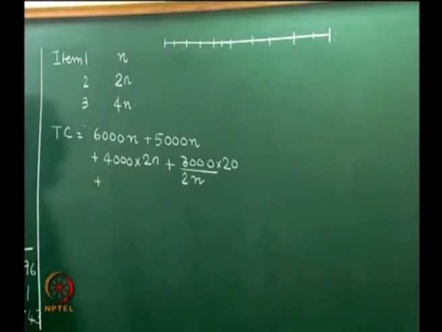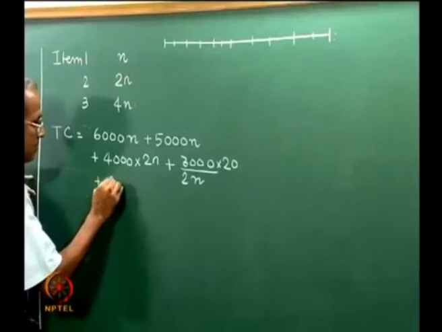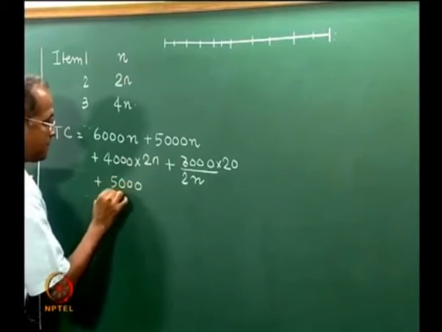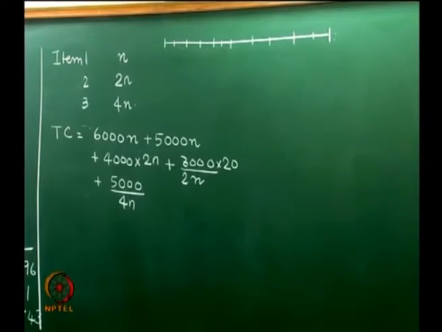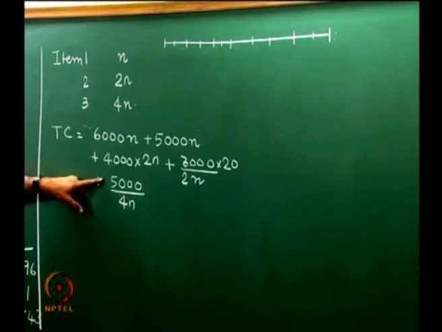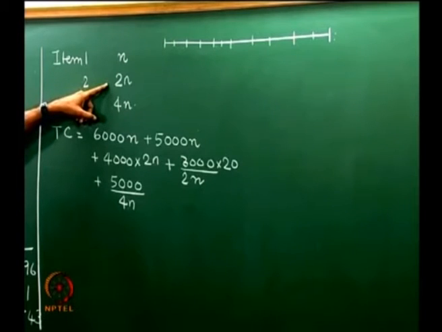For the second item, the order quantity will be 5000 divided by 2n. 5000 is the annual demand, 2n is the number of orders.